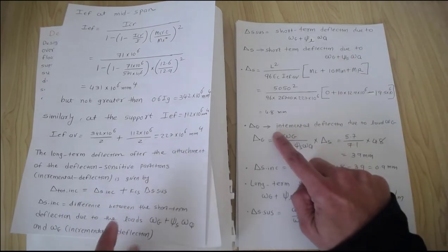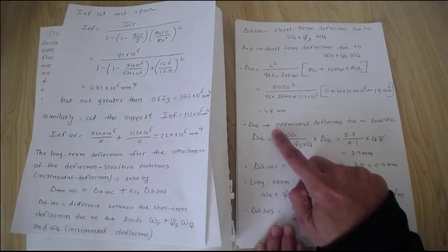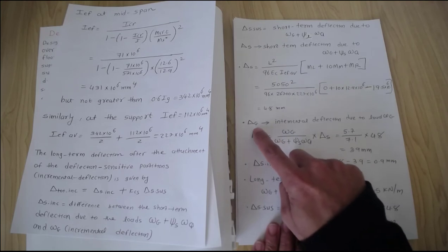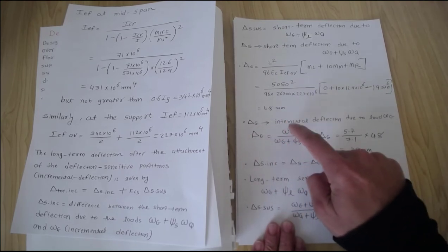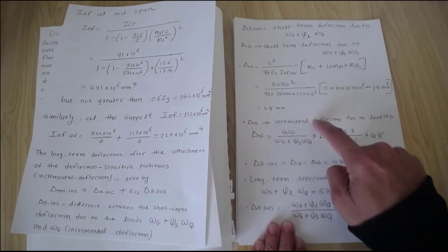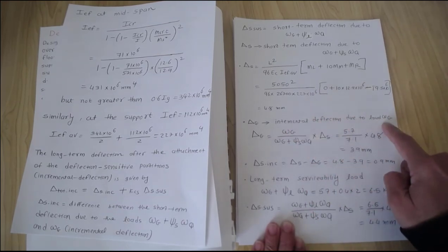Now there is one more term that is new and was not covered in the last deflection video, which is delta G, the incremental short-term deflection. This is the new word: incremental short-term deflection due to the load WG.